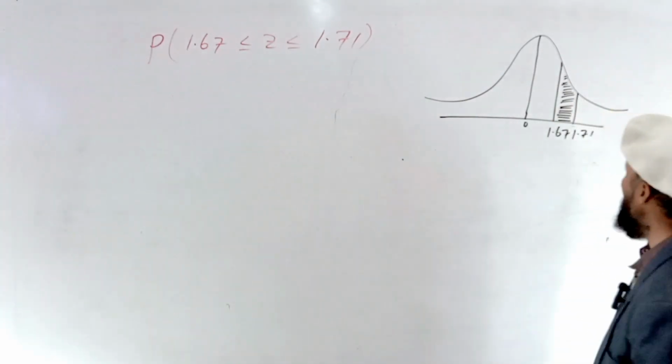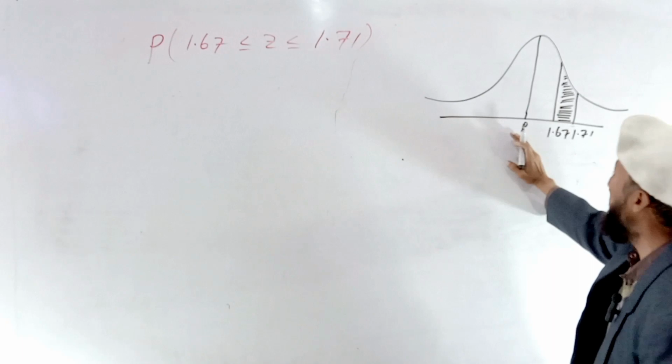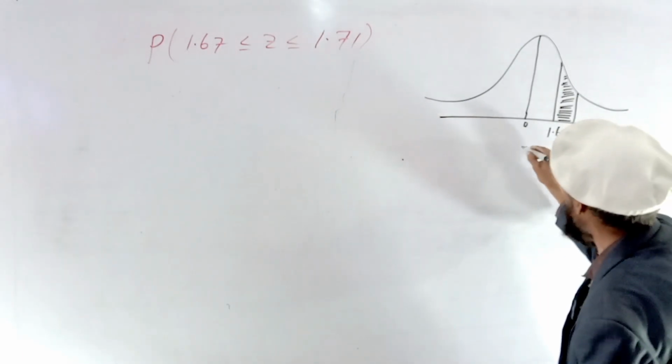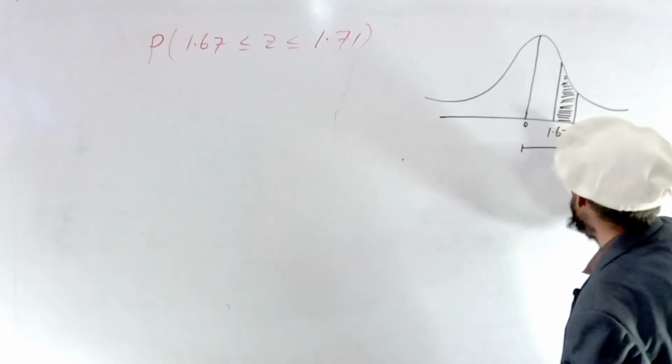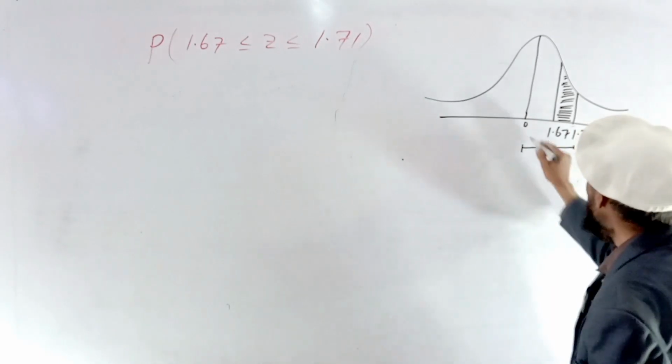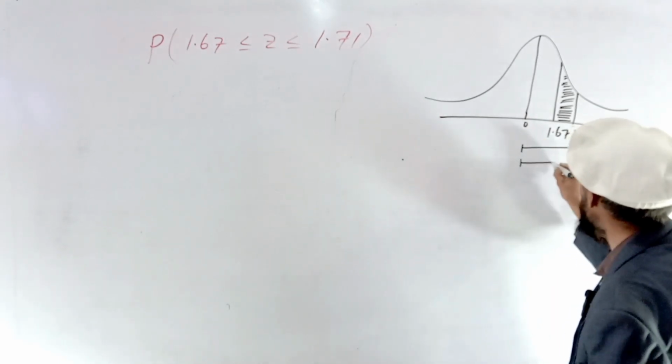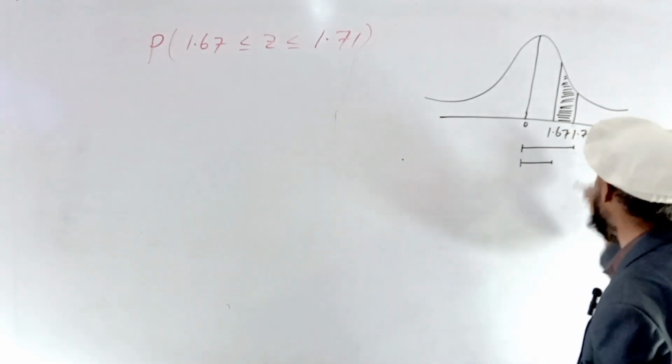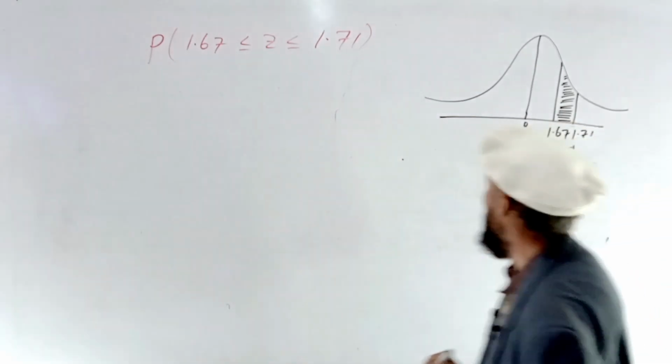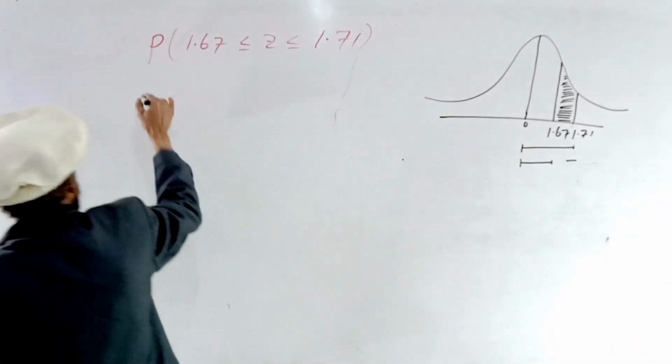How do we calculate it? We require the probability from 0. First we find the value from 0 to 1.71, and then we subtract the area from 0 to 1.67.